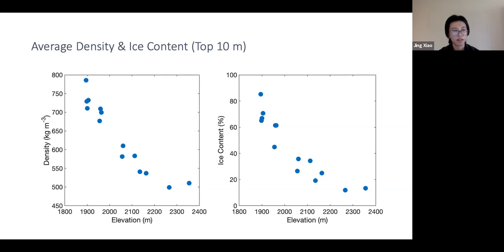The left figure is the average density change with elevation. Each blue dot represents one site, one core. The red figure is the ice content. Both of them show strong elevation dependence.